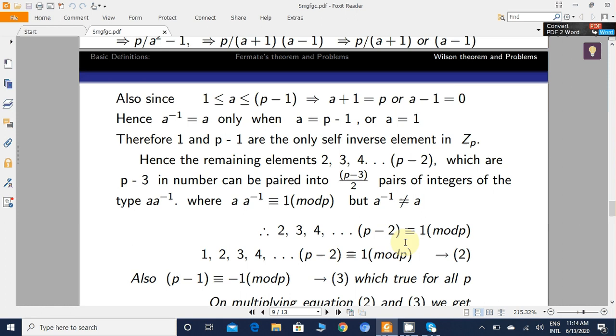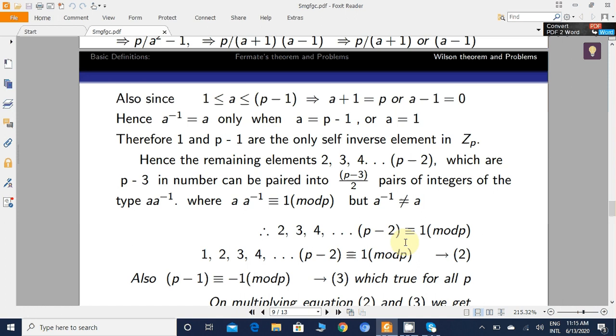Hence, the remaining elements 2, 3, 4, etc., p minus 2, that means the elements before p minus 1, which are p minus 3 in number, can be paired into (p minus 3) by 2 pairs of integers of the type a, a inverse, where a into a inverse is congruent to 1 modulo p, but a inverse is not equal to a.